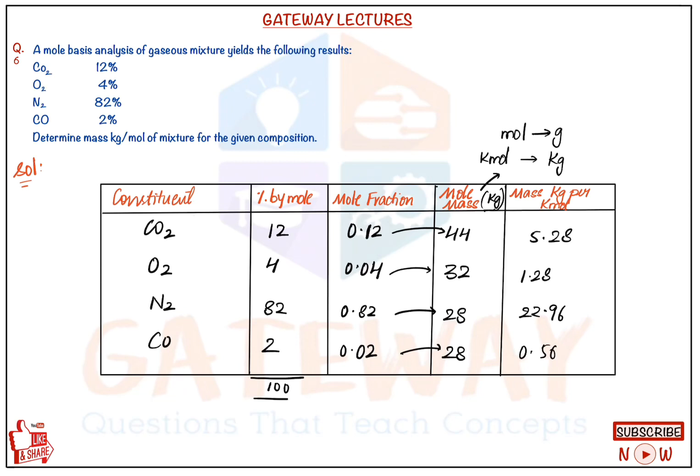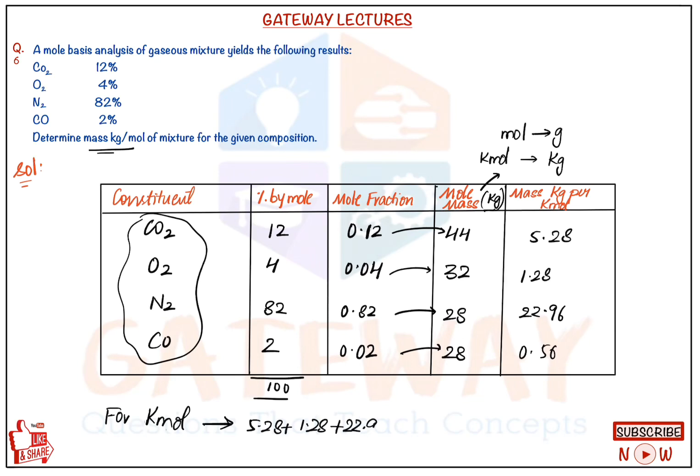And if asked to determine the mass per kg mole, if we consider 1 kilomole of this mixture of gases, then we'll get the value of mass as 5.28 plus 1.28 plus 22.96 plus 0.56, and the total value will be 30.08.